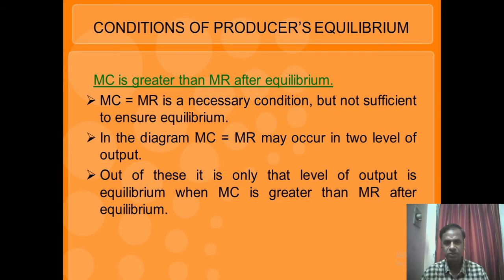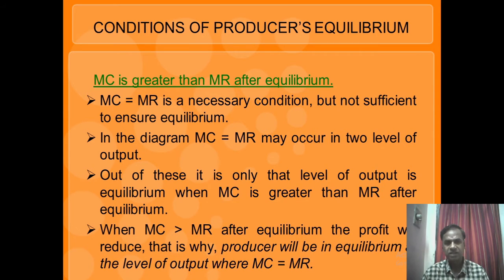The MC is equal to MR in the diagram in two places. I will show you. But the place where MC is greater than MR after equilibrium, that is the equilibrium. There only the producer will get maximum profit.